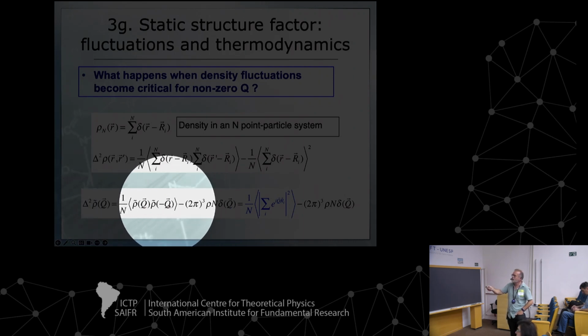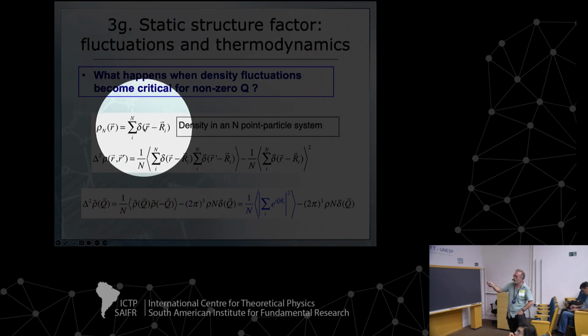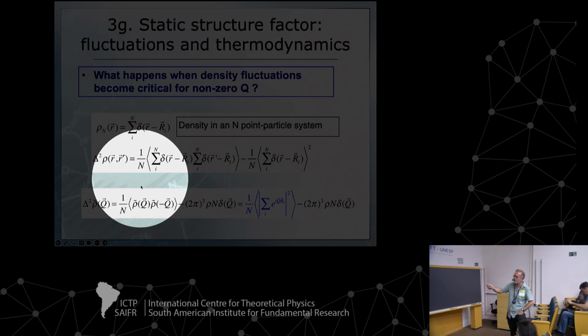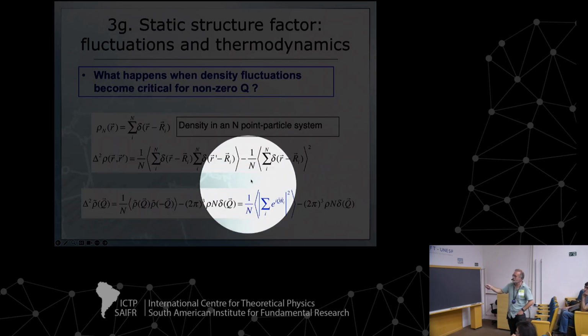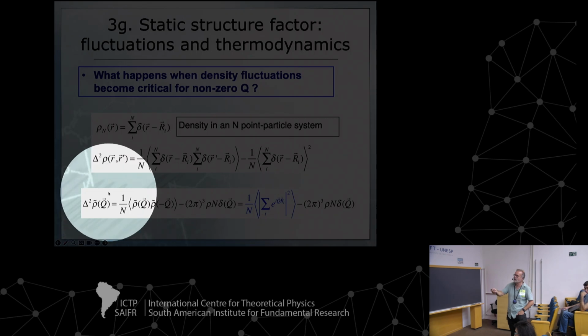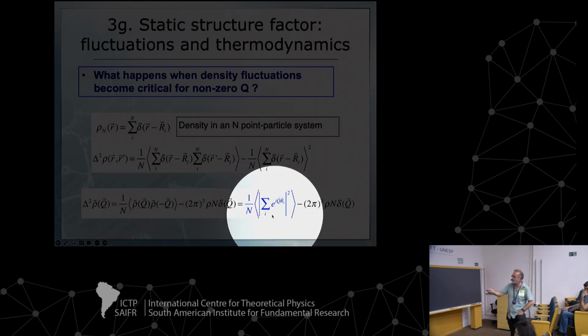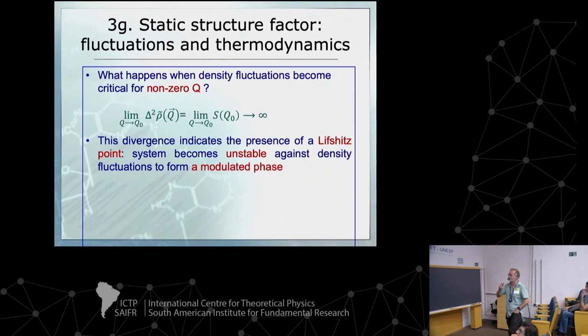And the fluctuation in density, if you expand these densities, taking into account the Fourier transform of the delta function, you will end up with exponentials, is precisely that. And I think we have been going over this formula once and again. Fluctuations in density for different Q are just precisely the scattering factor, the structure factor.